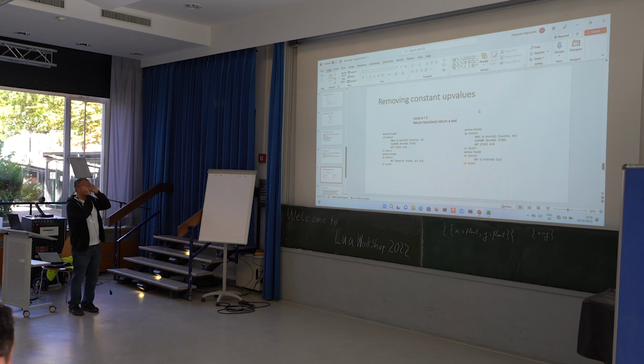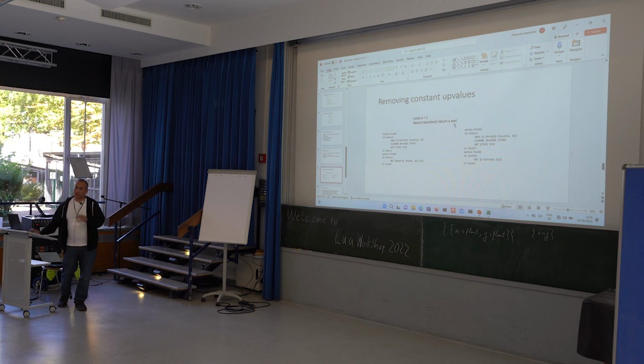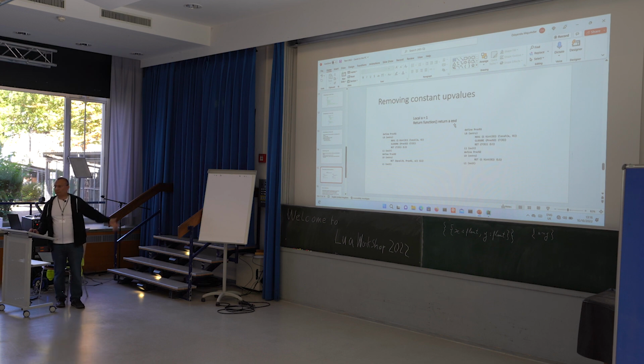It's a simple one. What you can see here is a is a constant because it's not being changed by this function. In the original version, without this optimization, we would return an up value because a is an up value as far as this function is concerned. If you're familiar with the internals of Lua, you will know about up values, right? Up values are variables in your parent function that you access.